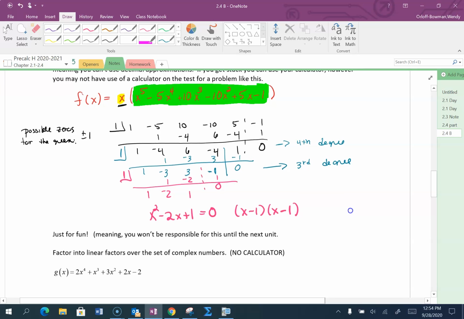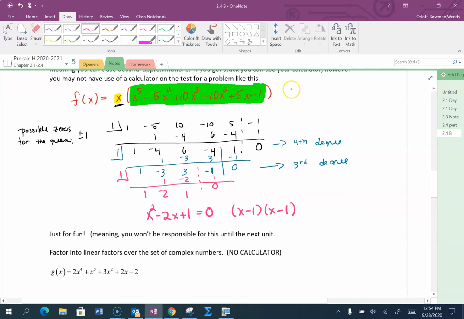So our linear factors, we can't forget the x. We have x minus 1 to 1, 2, 3, 4, 5 to the 5th power, which essentially is this.